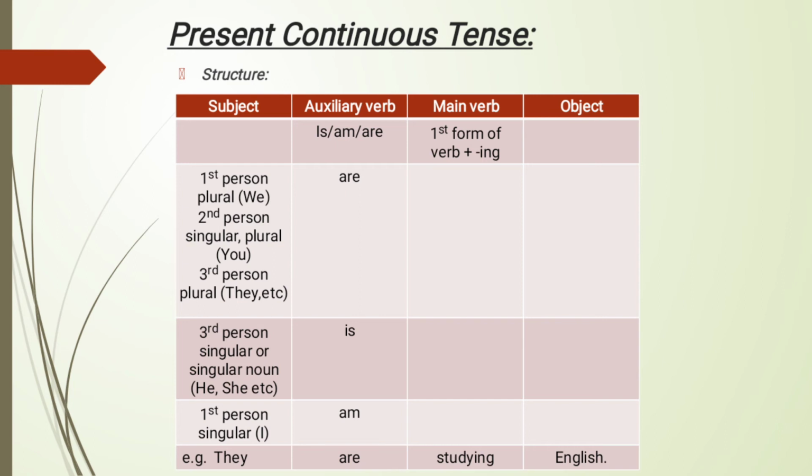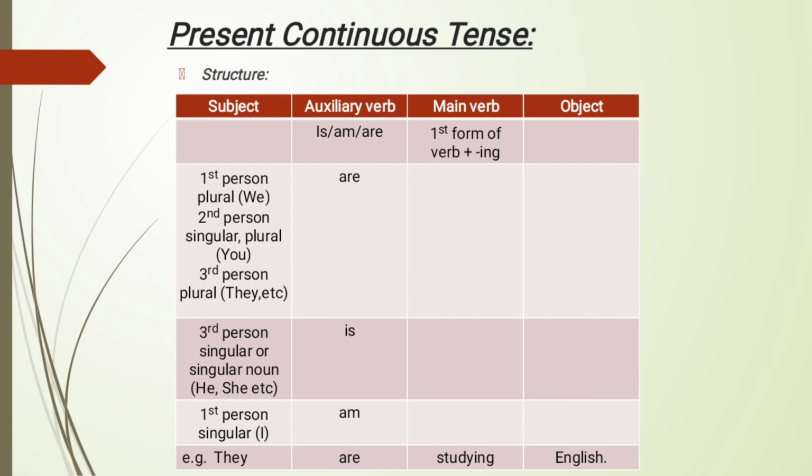And if the subject is first person singular, that is I, then you will use the auxiliary verb am. Example: they are studying English. We are studying English. She is studying English. I am studying English.